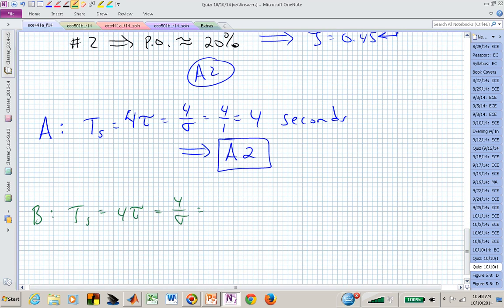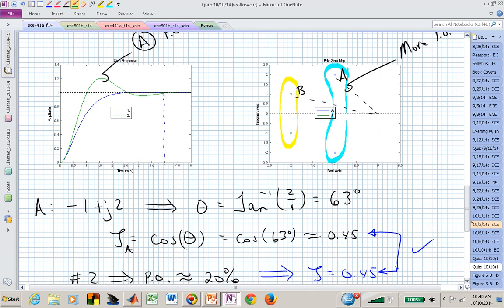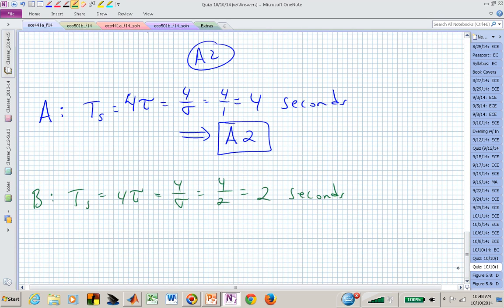It's a distance of 2 into the left half plane, so we would expect the response associated with pole pattern B to have a settling time of about 2 seconds, and in fact that's what it does. And so that's now saying that the blue response, which is response number 1, looks more like B's poles, so this is now saying we have B1 based on settling time.